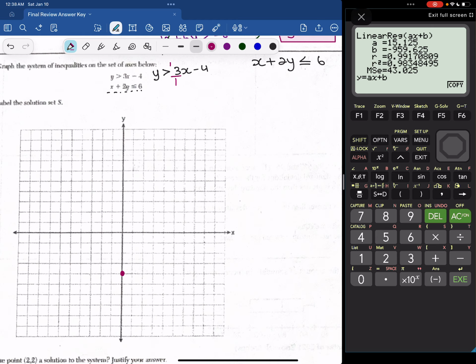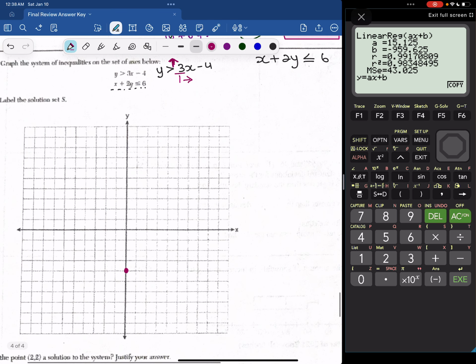So we're going up 3, right 1. This is a horrible arrow. All right, there we go. Okay, so up 3, right 1, up 3, right 1, up 3, right 1. And if we go in the opposite direction, we're going to go down 3, left 1, down 3, left 1.